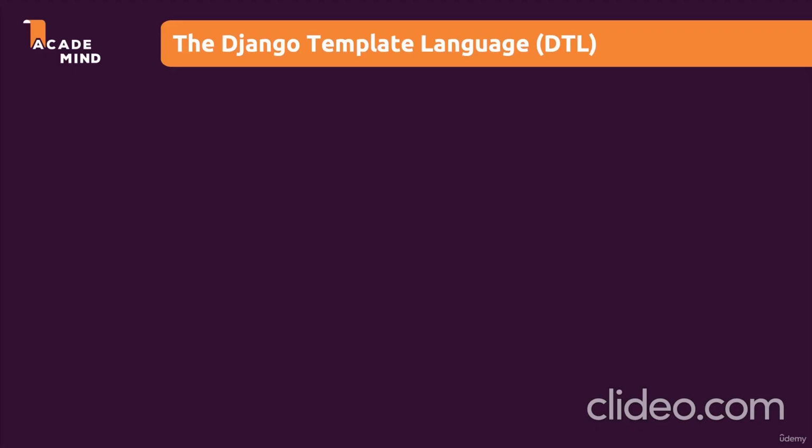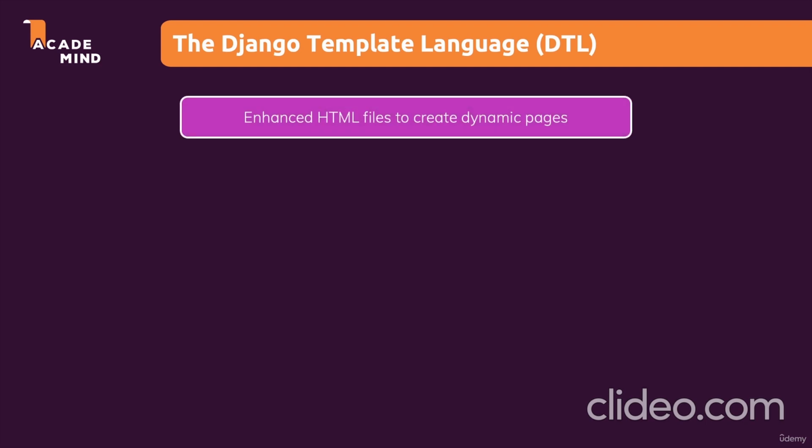Django has this built-in template feature, and for those templates, it has its own templating language, the Django Template Language, or DTL. The idea is simple. You want to create HTML files, which you then can enhance to actually create dynamic pages, which are being sent back to the client on the fly on the server.